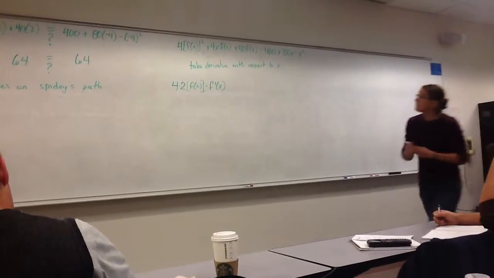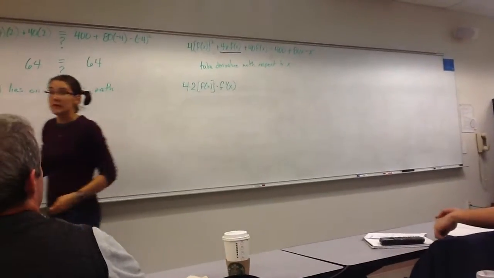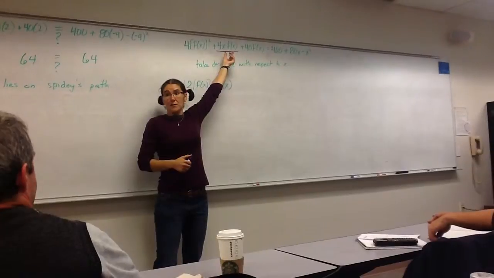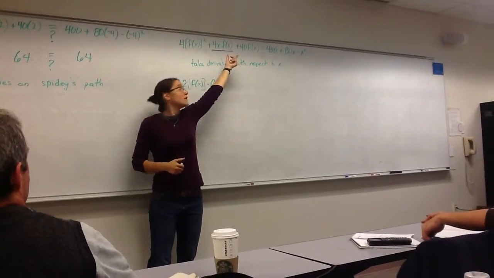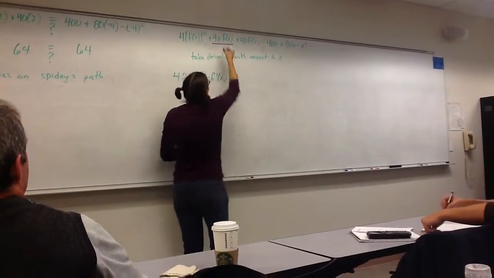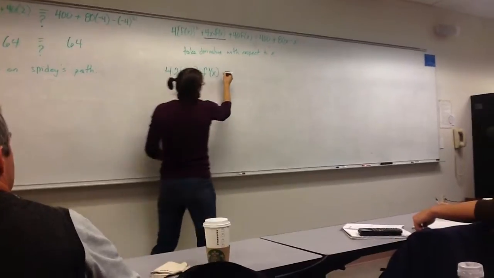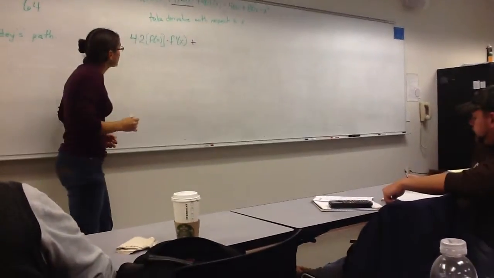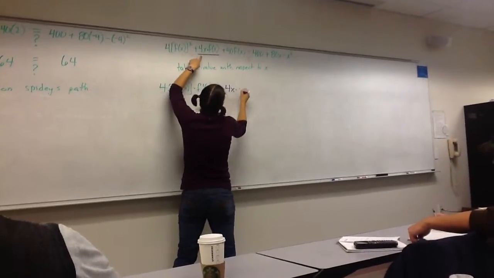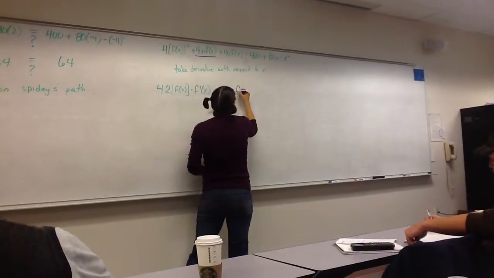Our next term is 4x times f of x. So when I do my derivative here, I've got a product rule to deal with. I've got 4x multiplied by f of x. So my derivative for my product rule says first times the derivative of the second, so our first is 4x, times derivative of the second, derivative of f of x is f prime.